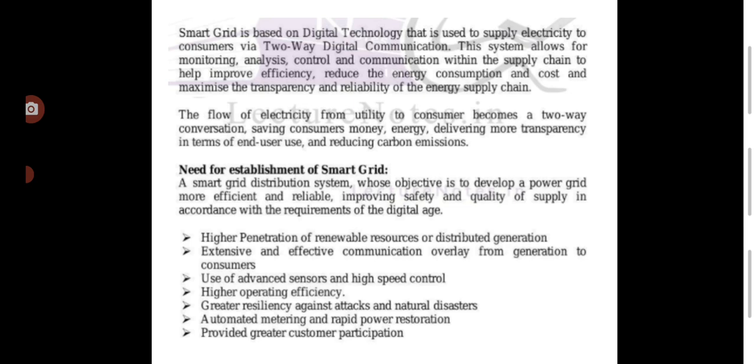Next is the use of advanced sensors and high-speed controls with these smart grids, and then higher operating efficiency, and then greater resiliency against attacks and natural disasters, and automated metering and repair and power restoration, which could also be done in an intelligent manner with the help of the smart grids, as well as providing greater customer participation.